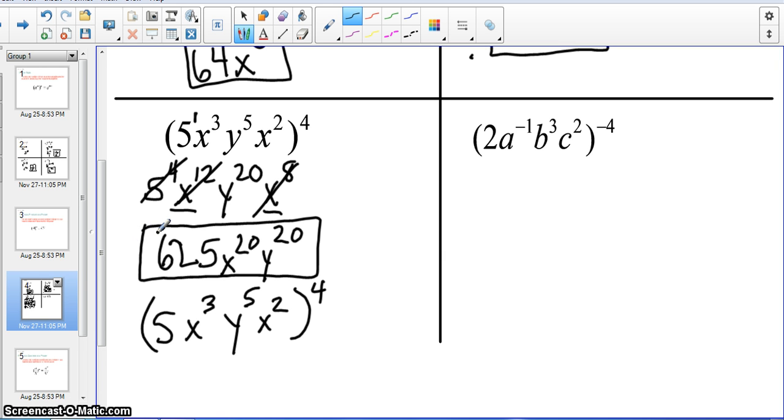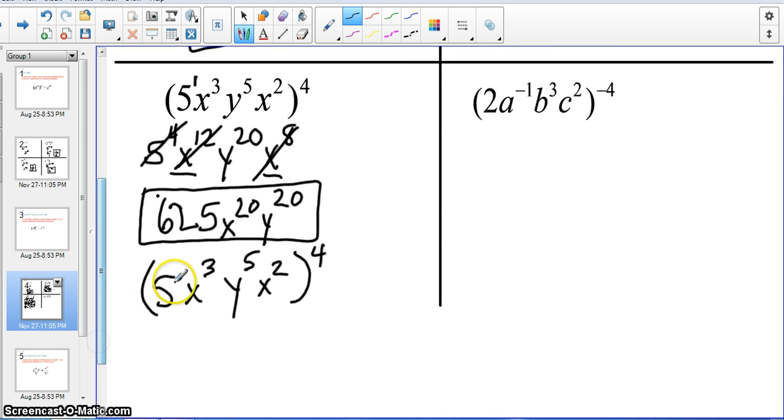In this example, I did the power rule, then the product rule. Well, I could do it the other way around. I could do the product rule first, then the power rule. So product rule would be combining my exponents for the same base numbers. So my x's, 3 plus 2 is 5.